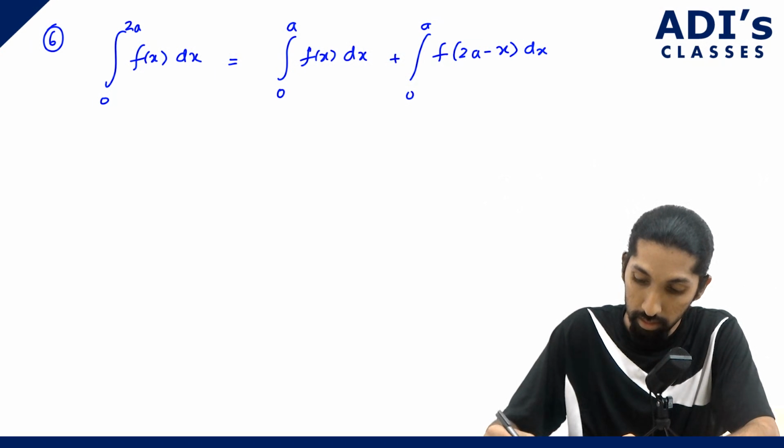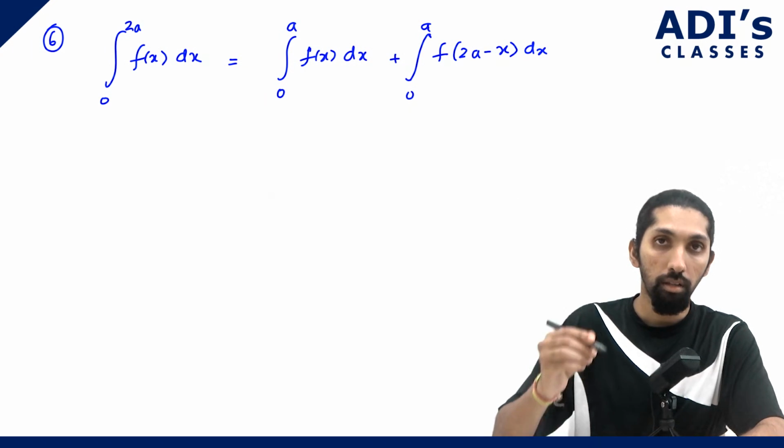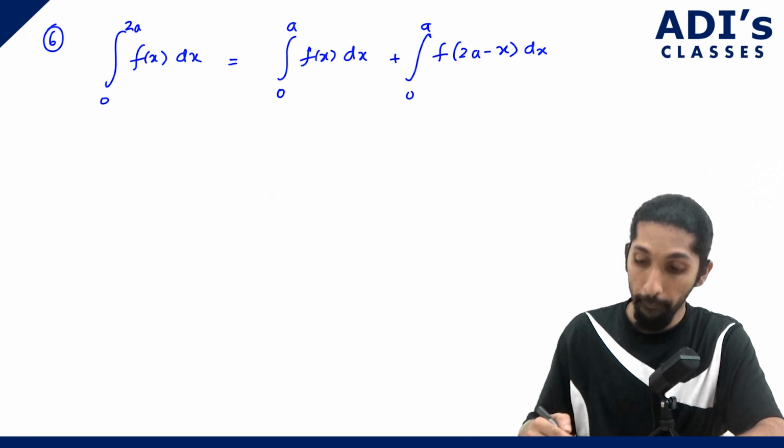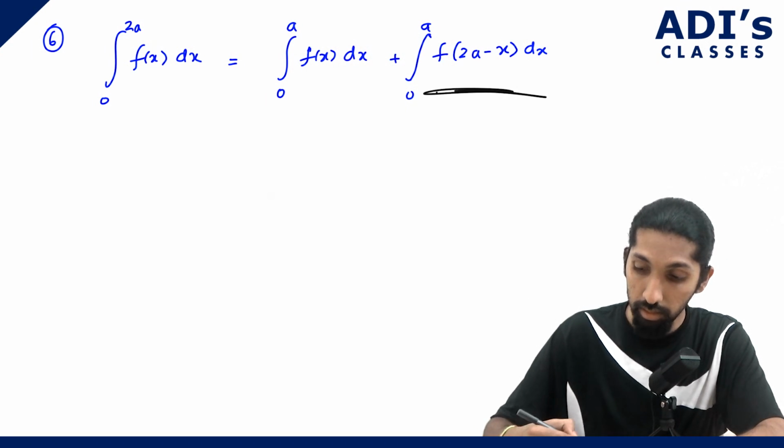Understood? Now first let me show you the proof. The proof of the sixth one is actually very simple. So we start from the RHS, that too the second integral.